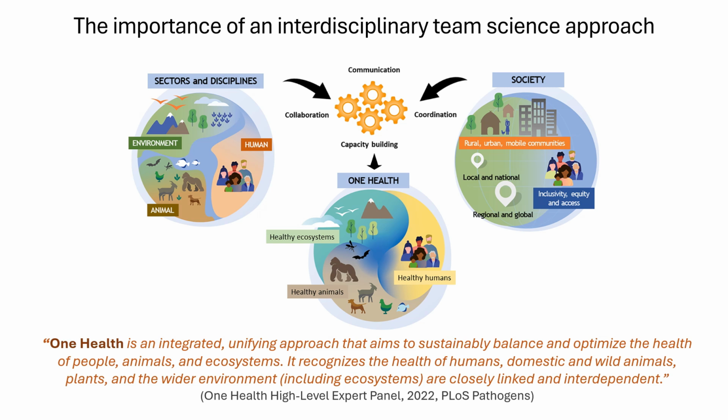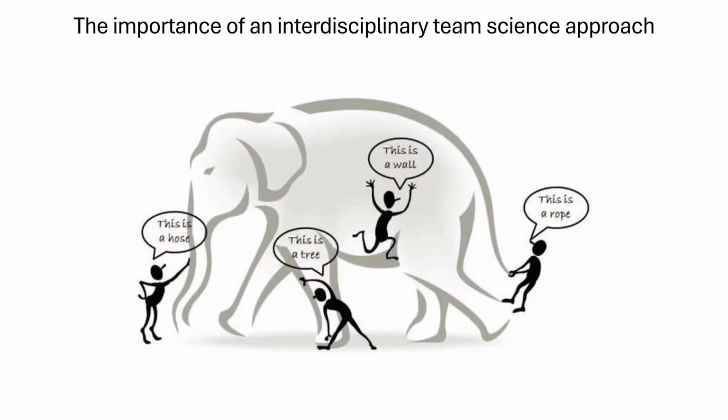And this is reflected increasingly at the highest levels of health policy and in things like the One Health quadripartite. But this highlights that in order to actually operationalize this knowledge, we really need much more of an interdisciplinary team science approach to do this.